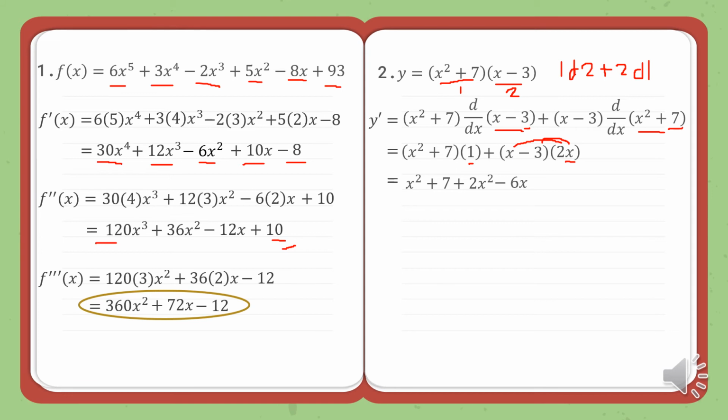Simplify natin by adding similar terms. It will be x squared plus 2x squared is 3x squared, and arrange na lang natin dahil wala ng similar terms, minus 6x plus 7.